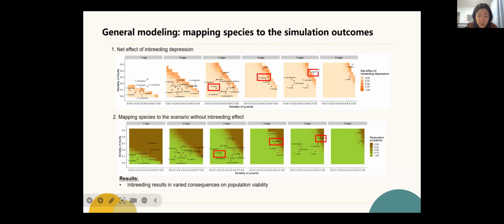But when we consider inbreeding, this species has no chance to recover at all. So inbreeding really has different extents of influence on different species.